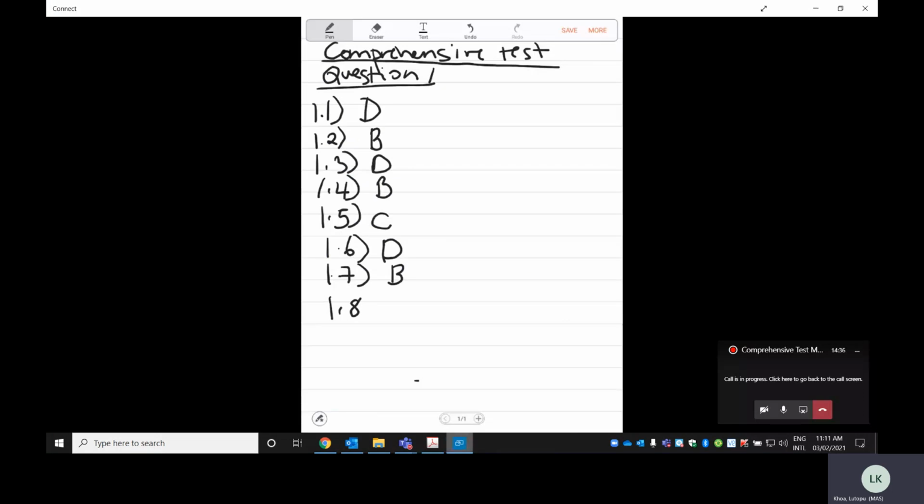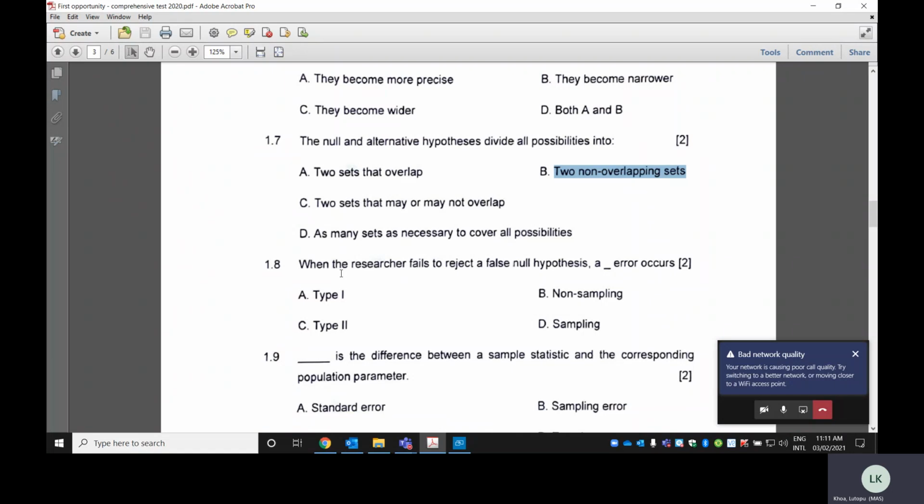1.8. When a researcher fails to reject a null hypothesis, dash error occurs. Okay, so when you fail to reject a false null hypothesis, remember type 1 error, sorry, let me go through the options. Type 1 error, a non-sampling error, a type 2 error, or a sampling error. Non-sampling and sampling errors, these are to do with the sample itself. So maybe you were biased in your picking or some other type of error.